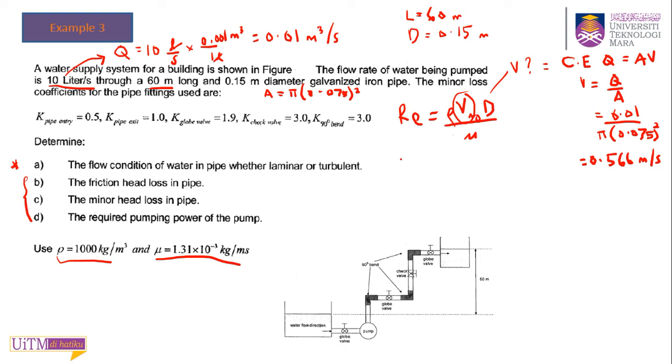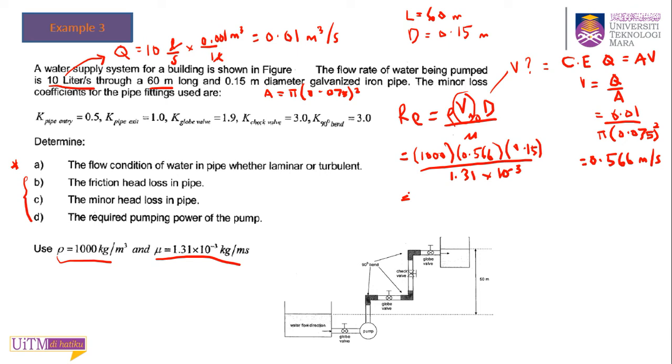Now you have everything to calculate your Reynolds number, you just plug in everything: 1000 times 0.566 times the diameter 0.15, divided by the dynamic viscosity 1.31 times 10 to the power of minus 3.